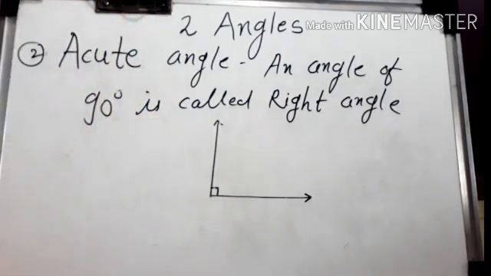Now what is meant by acute angle? So an angle is greater than 0 degree but less than 90 degree.